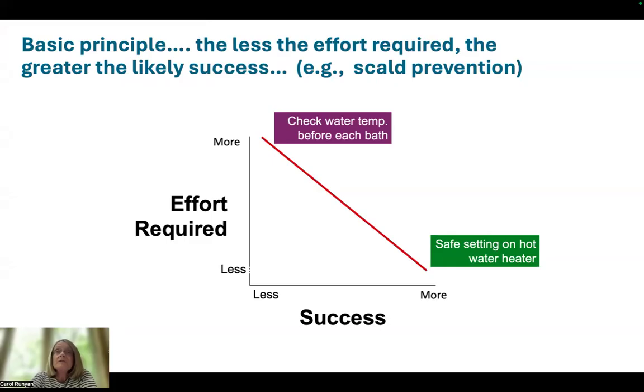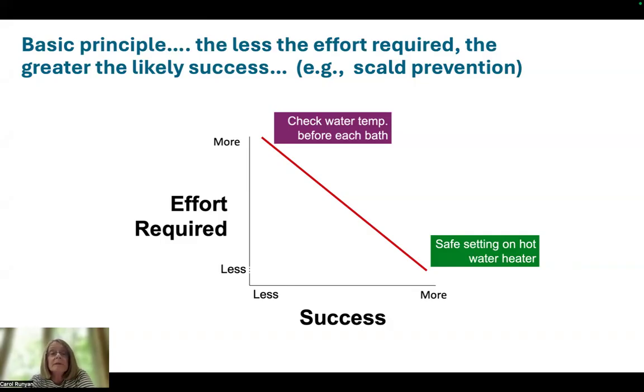asking parents or caregivers to check the water temperature before giving a baby a bath every single time requires some effort, and as a result is less successful than if we change the environment over here in green and make sure that there's a safe setting on the hot water heater so that it only comes out at a safe temperature, so that when that caregiver is distracted or forgets or doesn't know in the first place what a safe temperature is, the baby doesn't get burned.